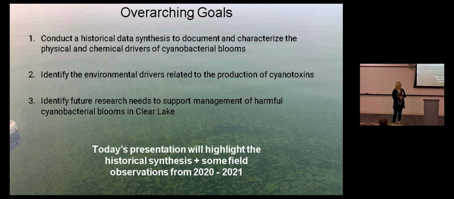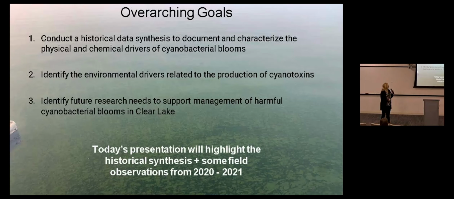And so what we wanted to do with this study is look at some of the historical data within this system. There's a lot of work that's been done because Clear Lake has had a lot of issues related to mercury and other impairments. It's on the 303D list for a number of issues. And so there's a lot of historical water quality data going back to the 1950s.